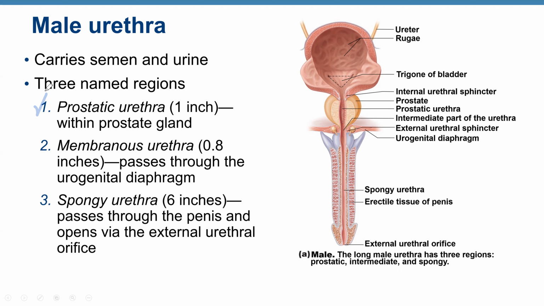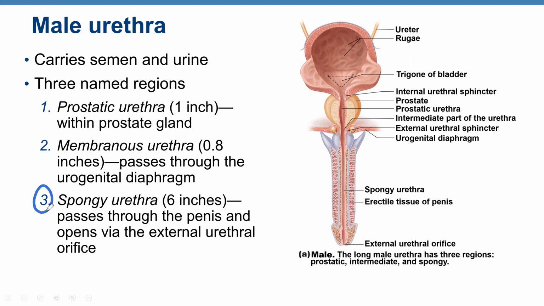That makes sense, right? Then this is our urogenital diaphragm of the pelvic floor. When the urethra passes through this diaphragm, it's called membranous urethra. It's 0.8 inches, so that's a shorter part of the urethra, and it passes through the urogenital diaphragm.